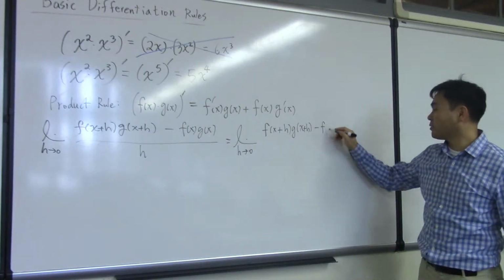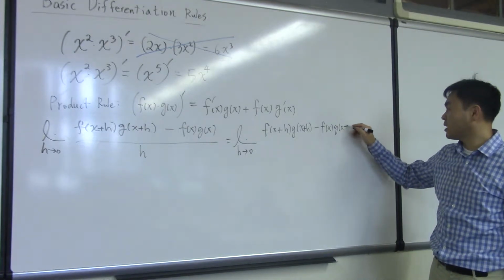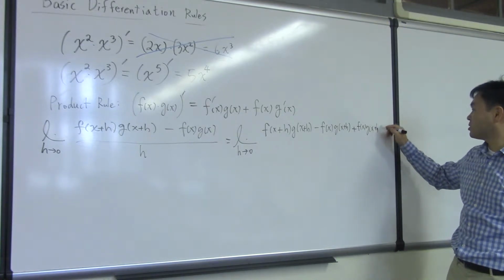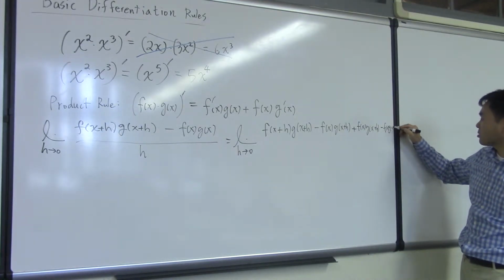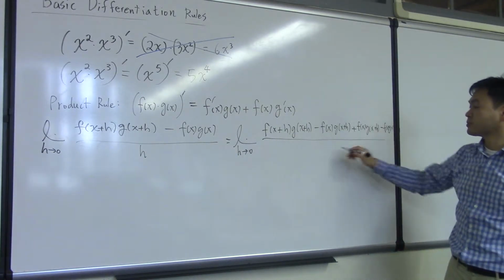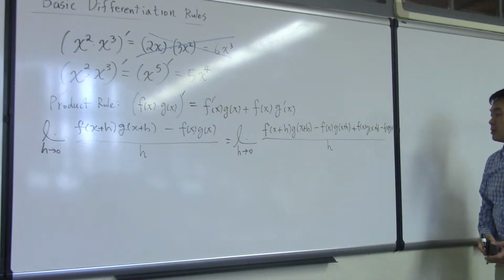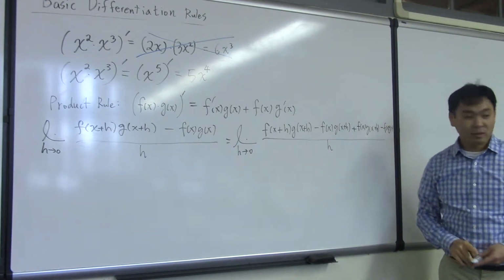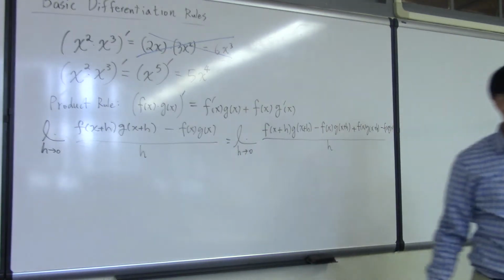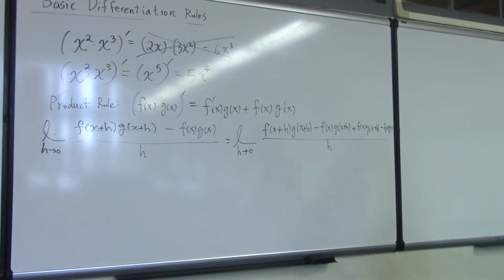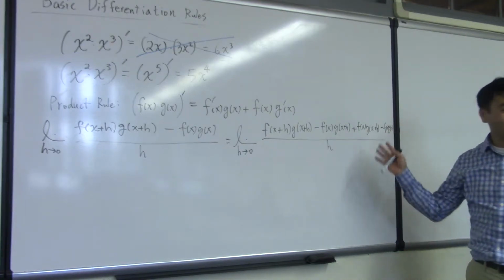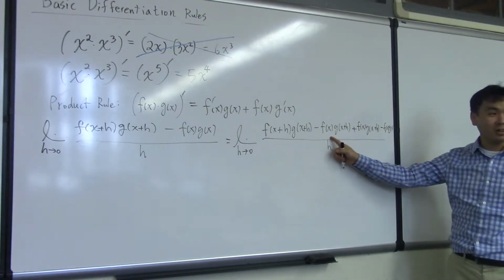You subtract f of x, g of x plus h, and add f of x, g of x plus h, minus f x g x. Sorry, my letters are so small here, but that's f x g x, okay? See, if I take away this hat and give it back, did I do any harm? No, I didn't, right? Sorry for touching your head, but anyway, other than that, I didn't cause any harm. So I subtracted something and added something.